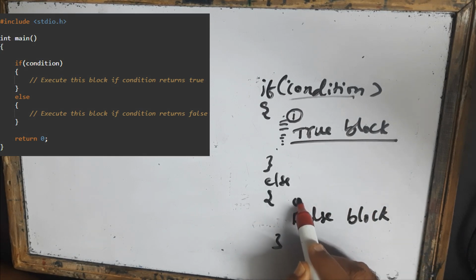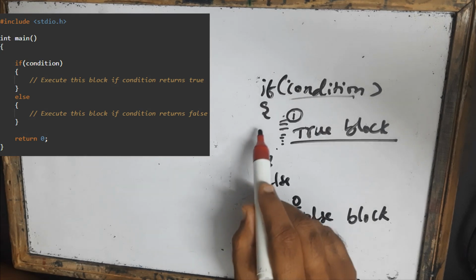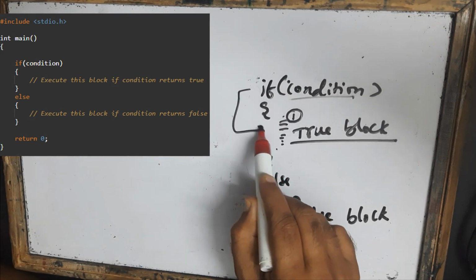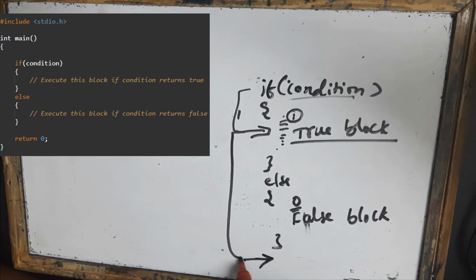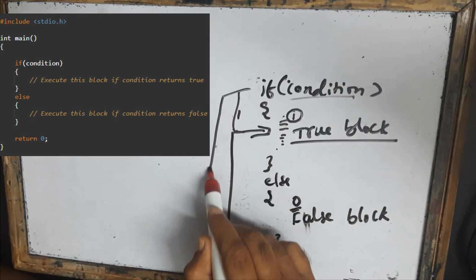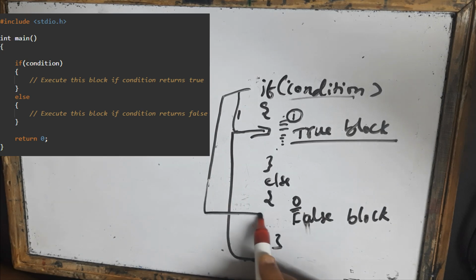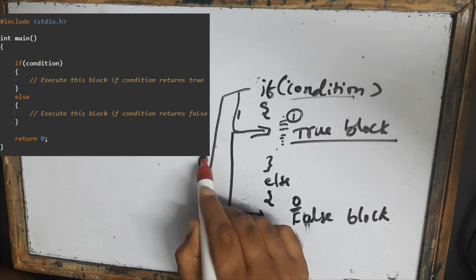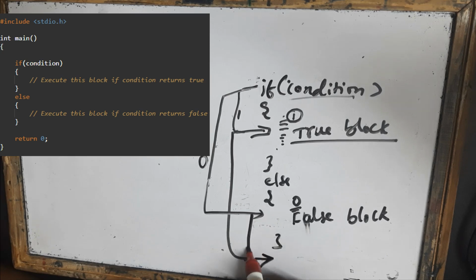If the condition is 0, then the false block will be executed. Then it continues from this point. So if it is 1, it executes the true block, then it continues here, or else if it is 0, it comes directly to the false block, and from here it continues again.